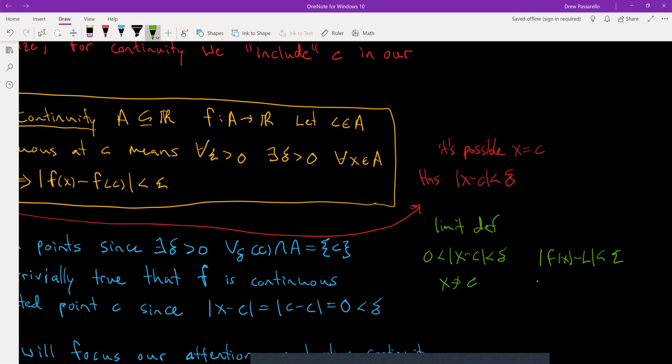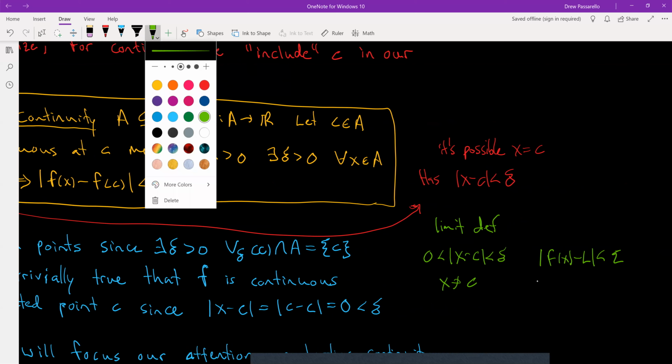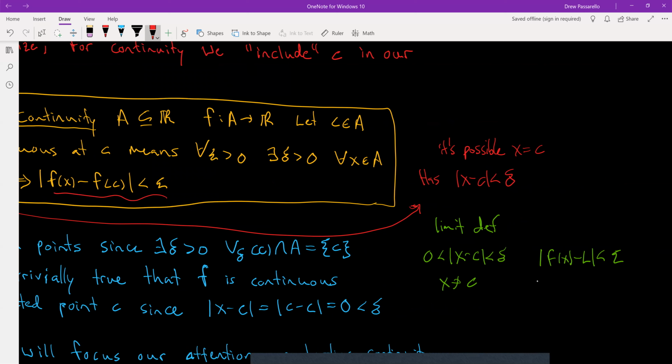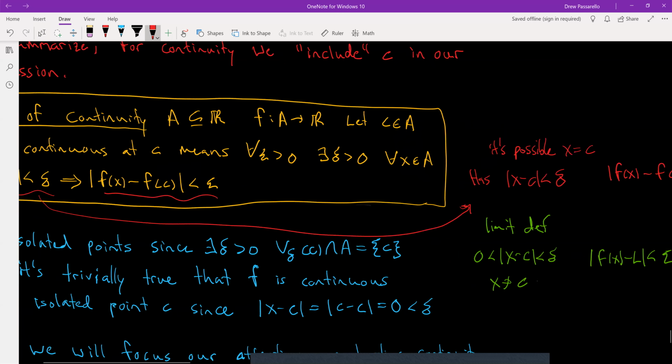Whereas in the continuity definition, we have the absolute value of f of x minus f of c is less than epsilon. And c is any value c in the set A. All right, so those are some key differences in the definitions.